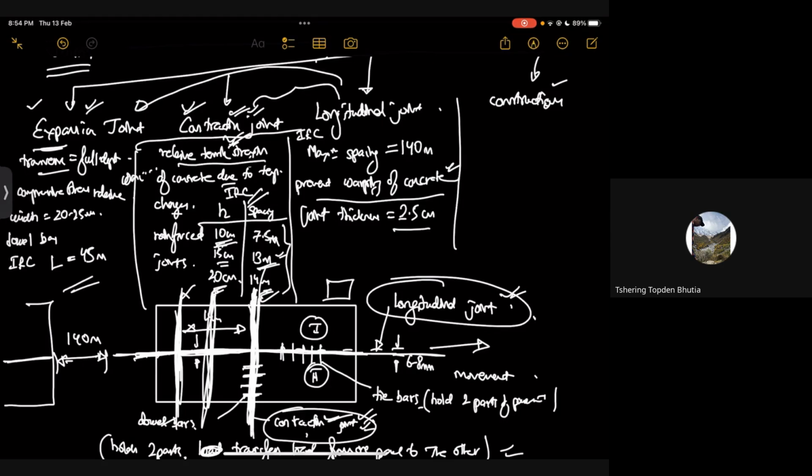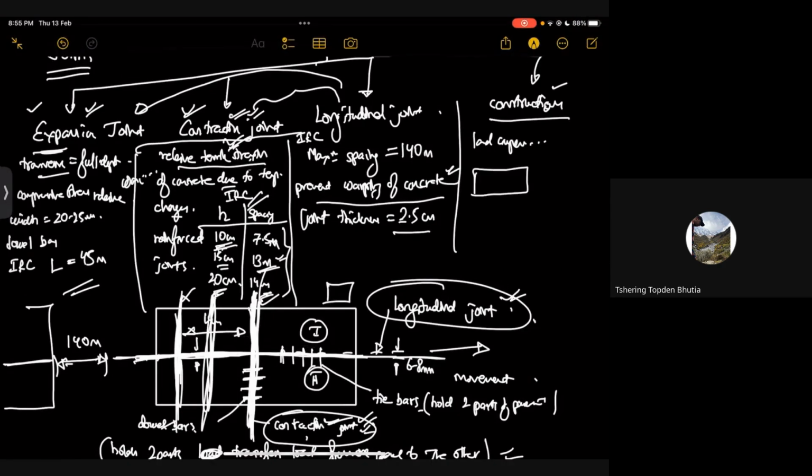And finally, construction joint. Suppose there is pavement construction चलिरहेको छ, तर because suppose due to lack of land compensation abruptly हामीले pavement रोक्दिनु पर्यो अरे, right? एउटा end मा रोक्दिनु पर्यो अरे. So at the end of the pavement, एउटा joint हामीले create गर्छ. That joint is called construction joint.